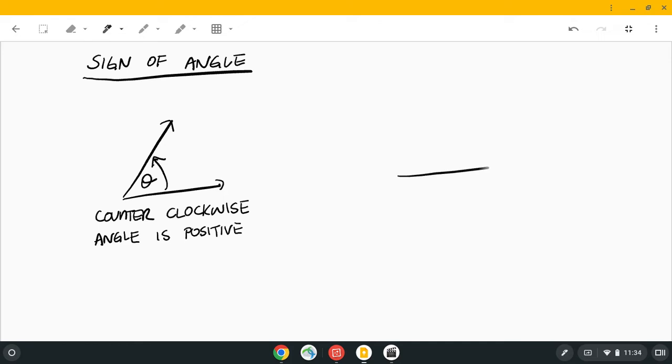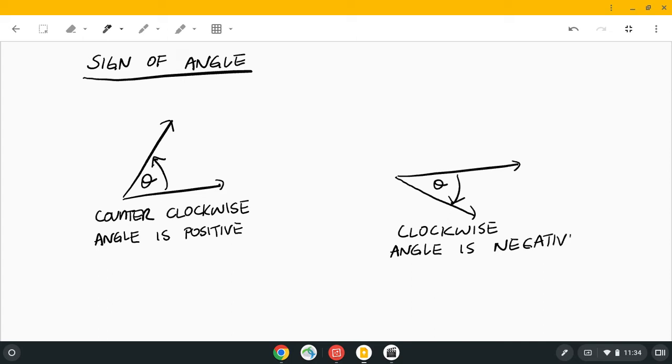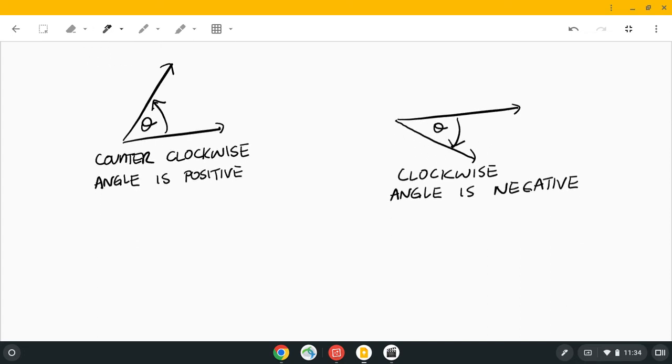But if your angle goes clockwise, like this, so kind of downward, then your angle is negative. So it is possible to have 45 degrees, and it's also possible to have negative 45 degrees. Okay.